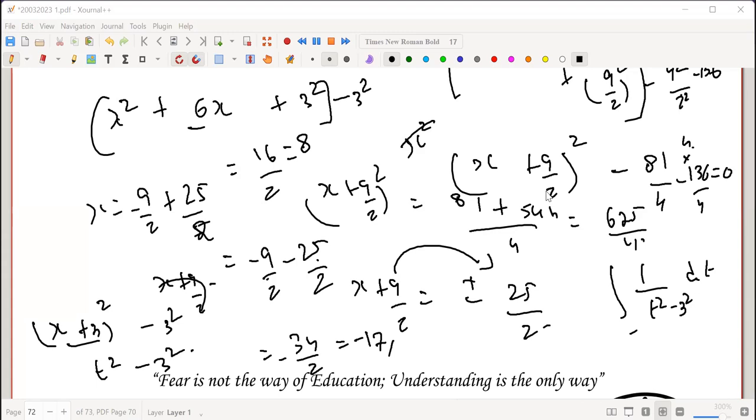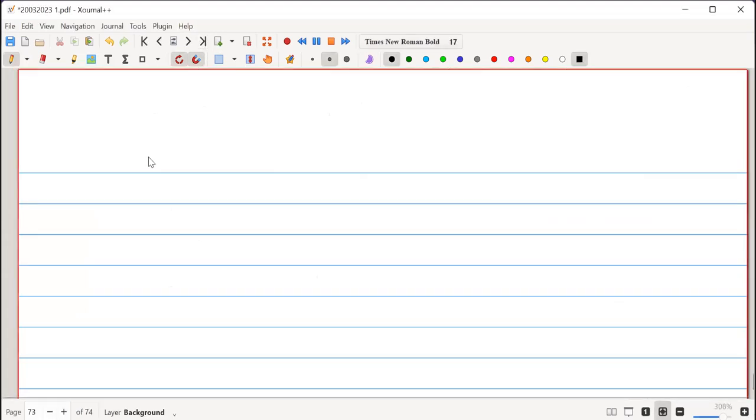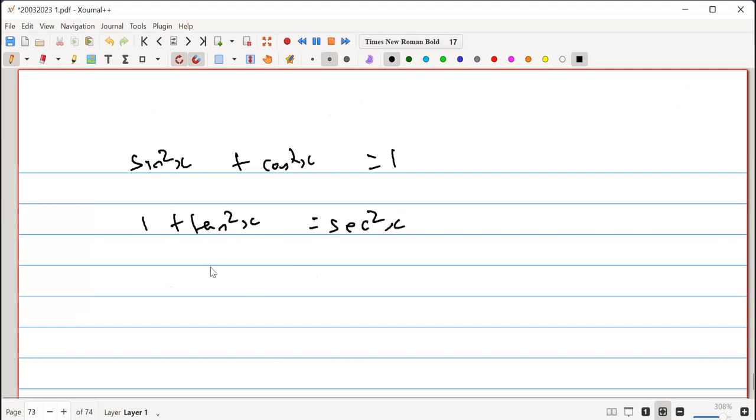You would have come across differentiation in trigonometry. You already know sin squared x plus cos squared x equals 1. Then 1 plus tan squared.